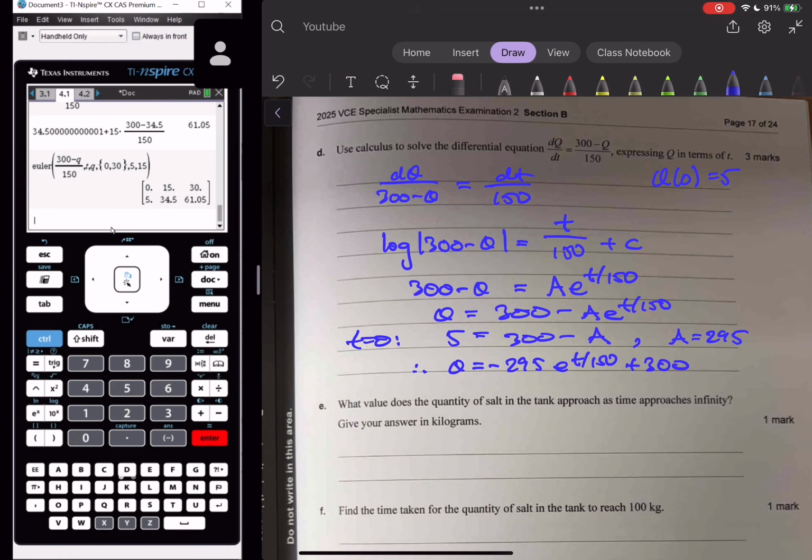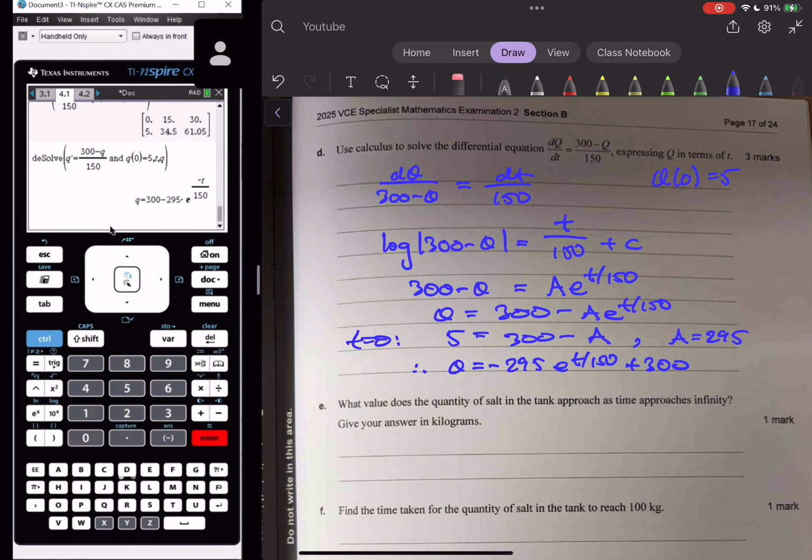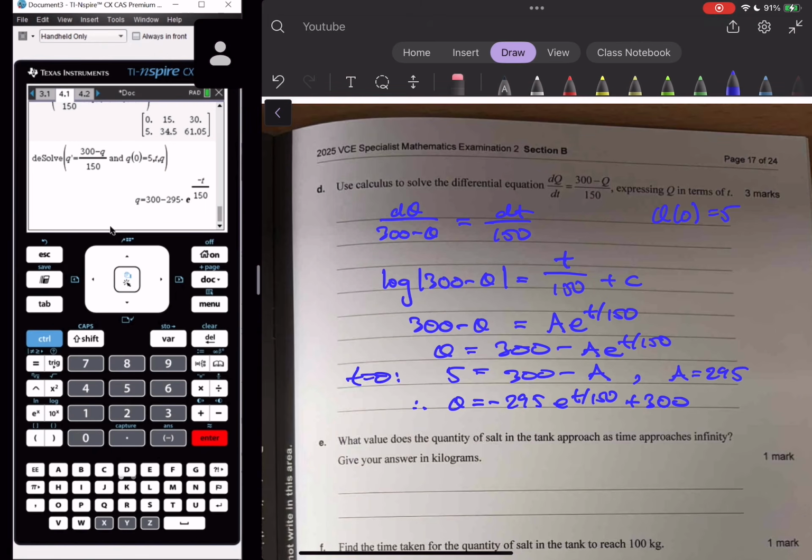We use dSolve, and we plug in Q prime equals (300 minus Q) divided by 150, and Q of 0 equals 5, and it seems like we're missing something. So why is there a negative? Oh, because when I did the chain rule, I forgot a negative here. Silly me.